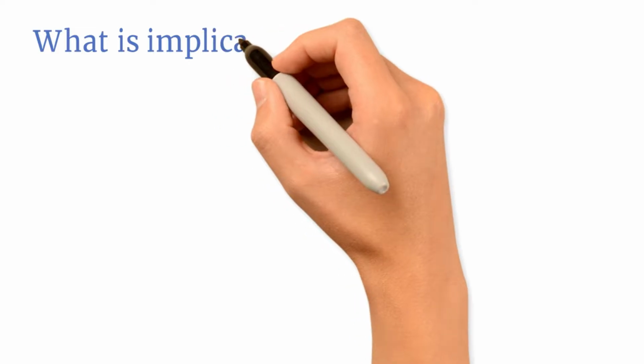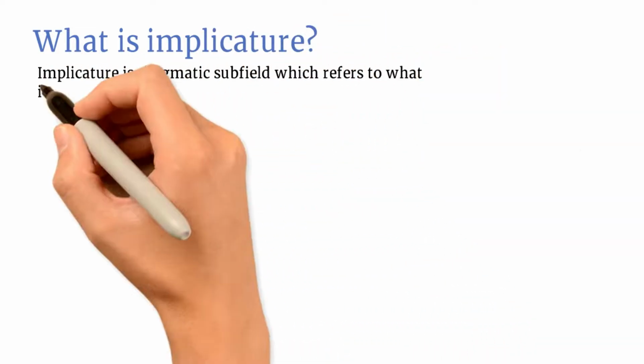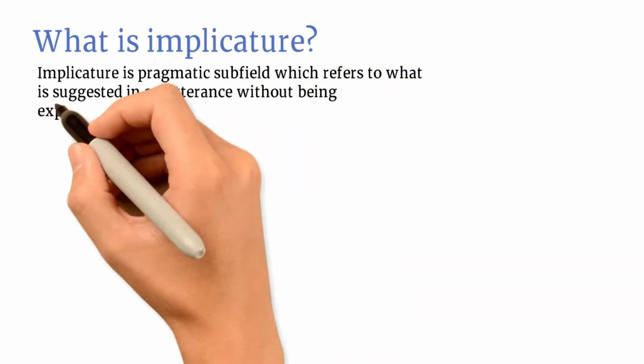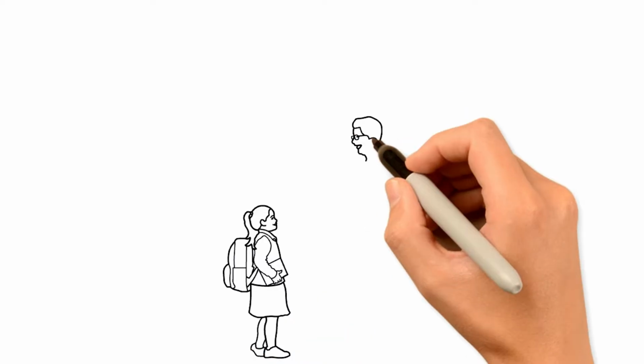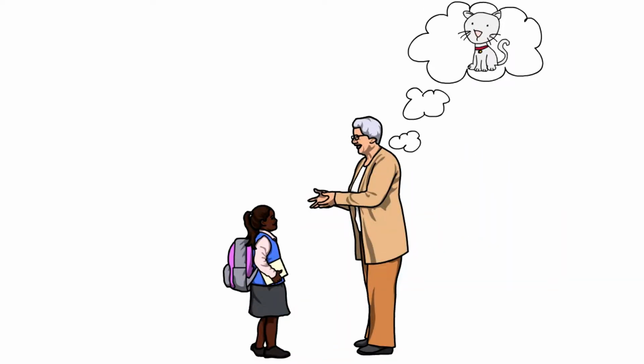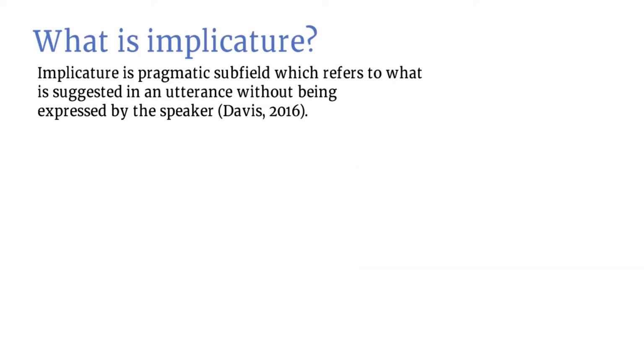What is implicature? Implicature is a pragmatic subfield which refers to what is suggested in an utterance without being expressed by the speaker. This could also mean that what the speaker is saying implicates different meanings from what the utterance actually means.